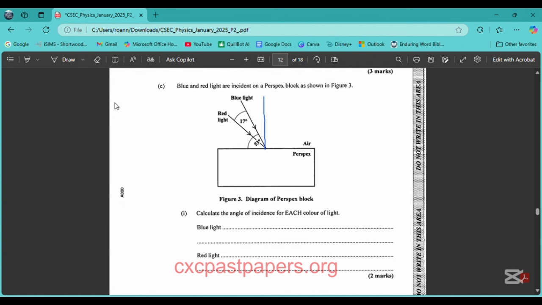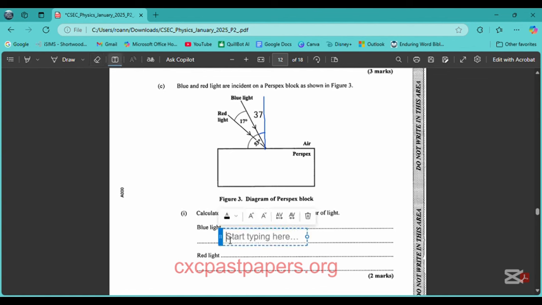And starting with the blue light, know that this half should be 90 degrees in total. And if we were to say 90 minus 53 to find the missing piece, it would be 37. Therefore, the angle reading for the blue light is 37 degrees, and that is being taken from the normal.